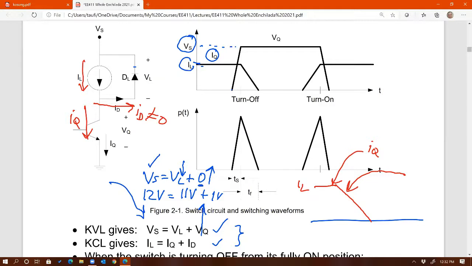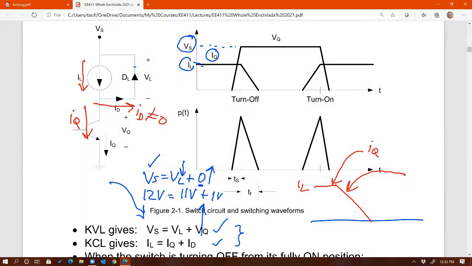If ID is non-zero, what does that tell you in terms of VL? Has to be 0. Very good.